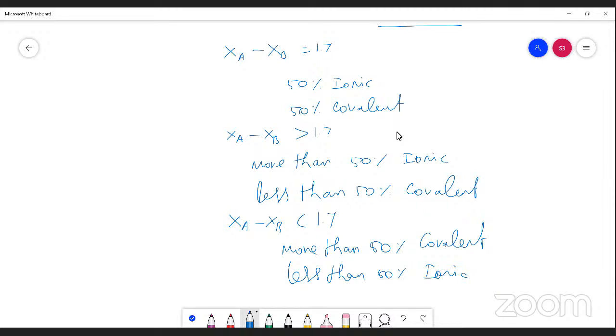Greater than 1.7 means more than 50% ionic character and less than 50% covalent character. Less than 1.7 means more than 50% covalent character and less than 50% ionic character.